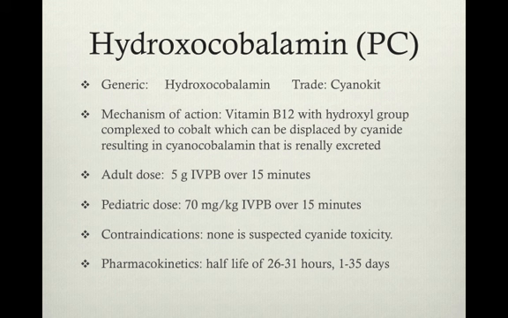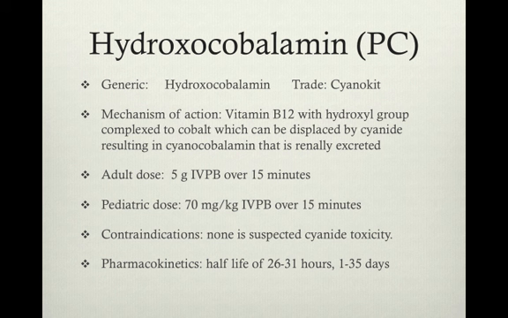Narcan, or naloxone, a primary care drug. This is an antagonist of narcotics, more specifically opiates. It combines with narcotic receptors and blocks or reverses the action of narcotic analgesics, including CNS and respiratory depression. Adult dose is 0.4 to 2 milligrams by slow IV bolus, IM, ET, or sub-Q.